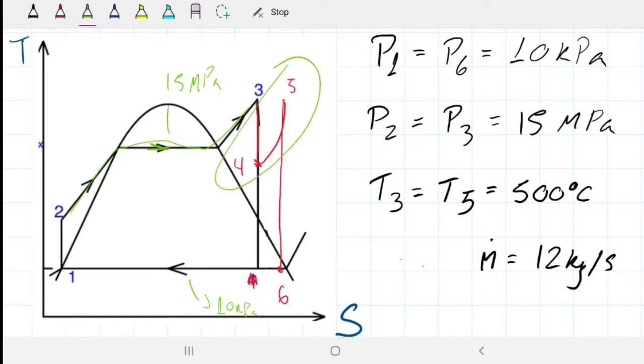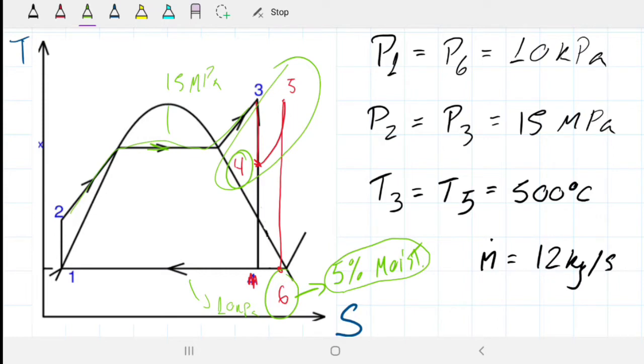So the exit of the low pressure turbine will be the exit 6, right? There's two exits of the turbine, 6 and 4. And between the two, 6 has the lower pressure. So this state here, the moisture content can have a maximum of 5% moisture. Okay, so at point 6, we have a 95% quality.